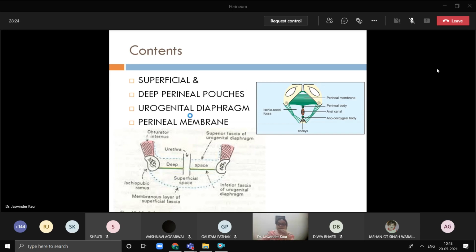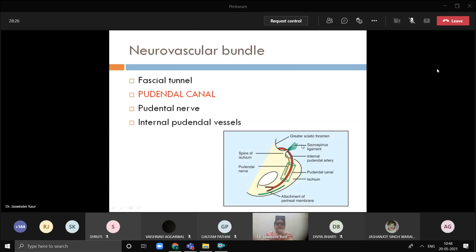Then there are nerves and vessels. The neurovascular bundle present in the perineum is in a fascial tunnel that is known as the pudendal canal. There is a separate lecture on the pudendal canal also. In the pudendal canal is present the pudendal nerve and internal pudendal artery.